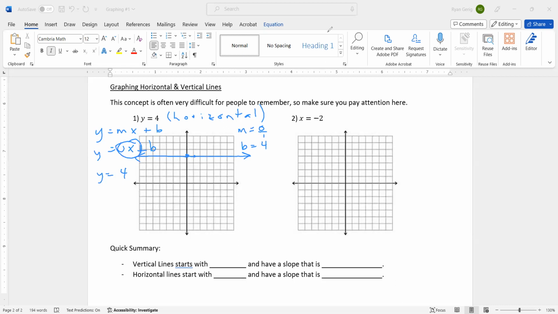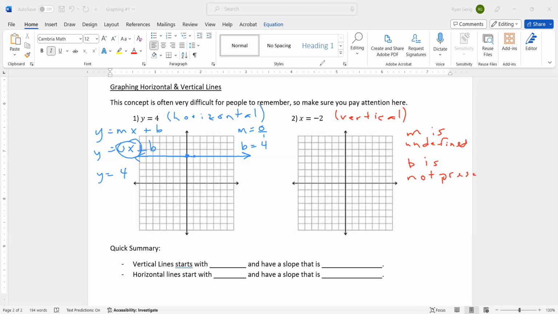You can probably guess what happens with number 2. This one's going to be vertical. Now, I can't explain this one quite as well because it doesn't quite follow y equals mx plus b. It doesn't start with y equals. It starts with x equals. This one has a slope that is undefined. It doesn't make sense. There's no y equals here. So the y-intercept is also undefined or not present.